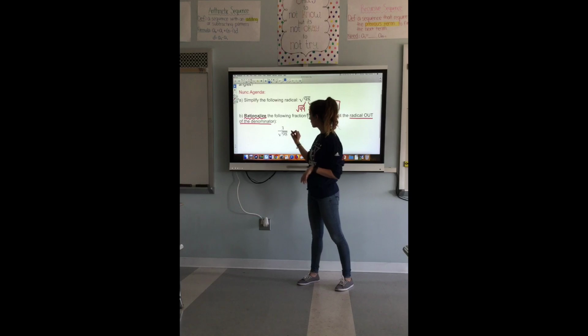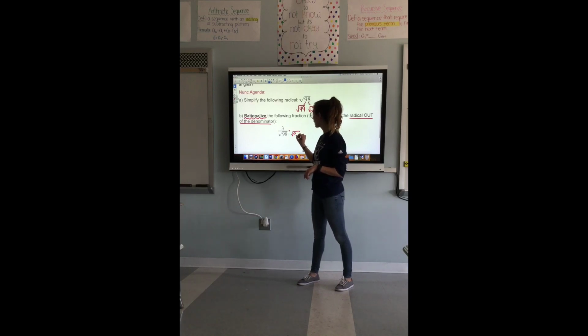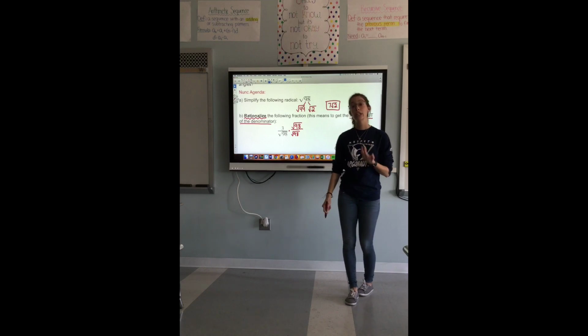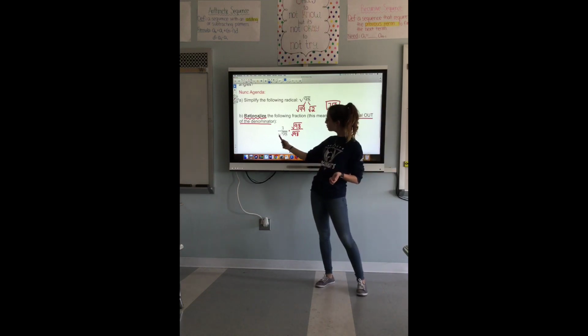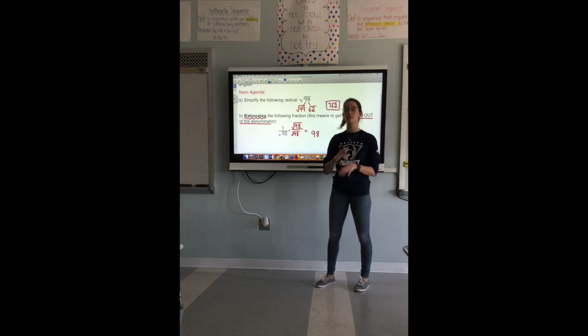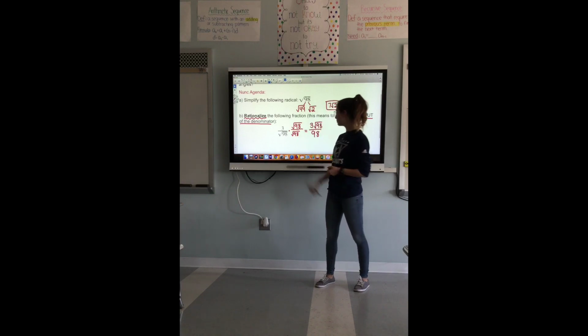So we're going to start by multiplying this by radical 98 on the numerator and the denominator. When you do this, square root of 98 times the square root of 98, that just becomes regular 98. The radical goes away. And this is over 3 times radical 98.